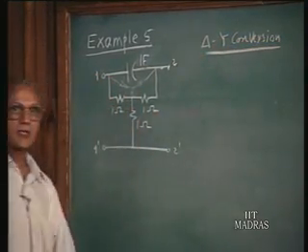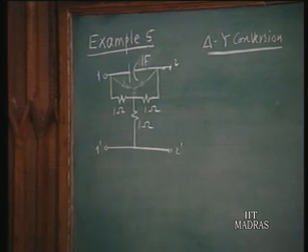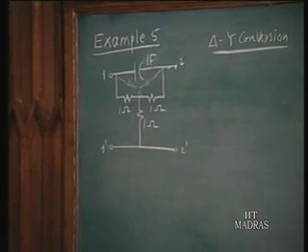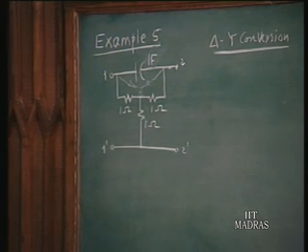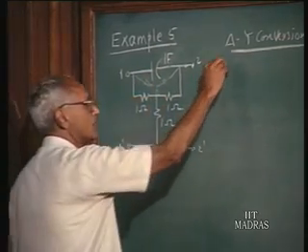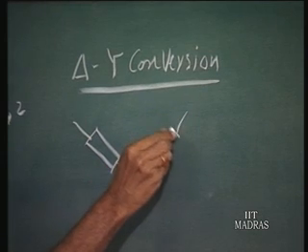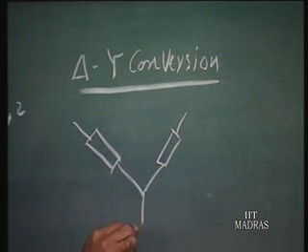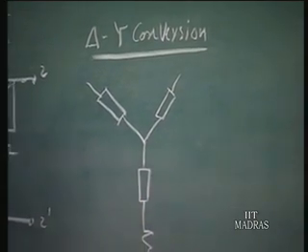Now the rules for this conversion follow exactly the same lines as in the case of resistive networks or impedances under AC circuit analysis. However, we have to use the generalized impedances in this case. So this delta, if converted into a star, will have three generalized impedances like this, and of course you have this 1 ohm resistance here.